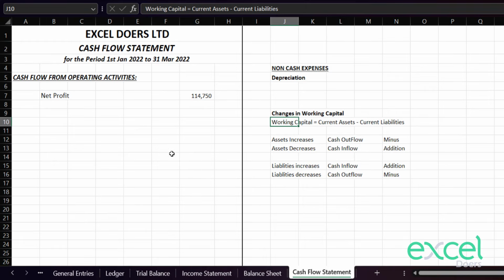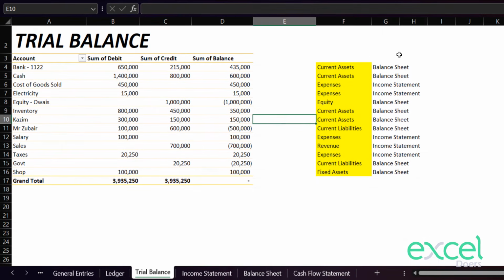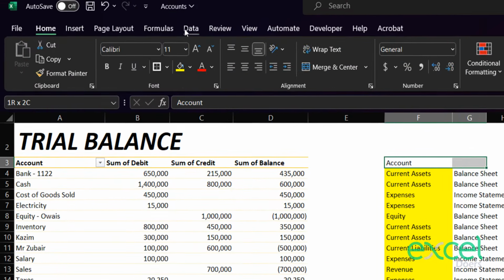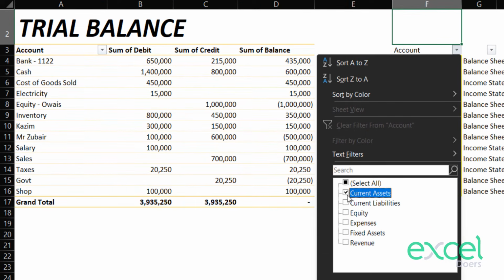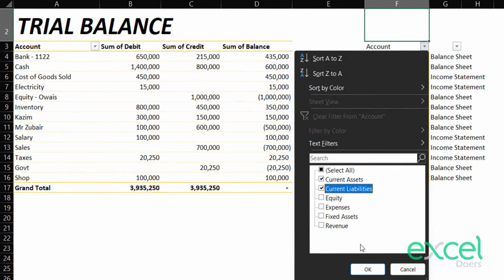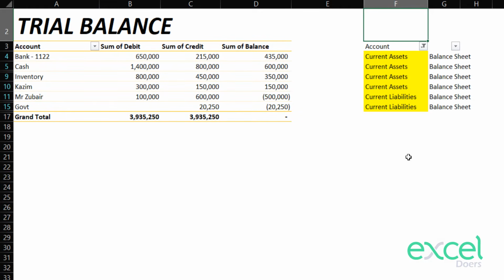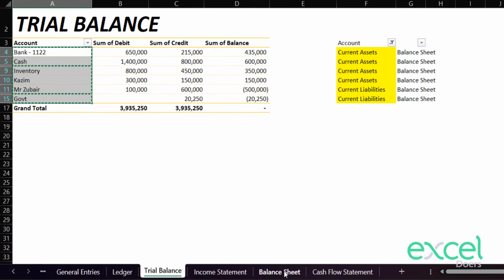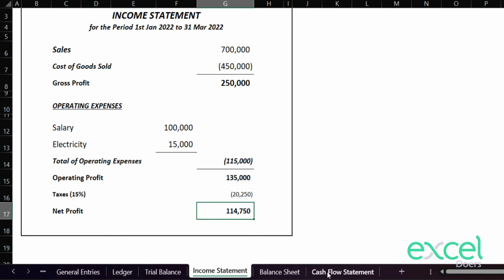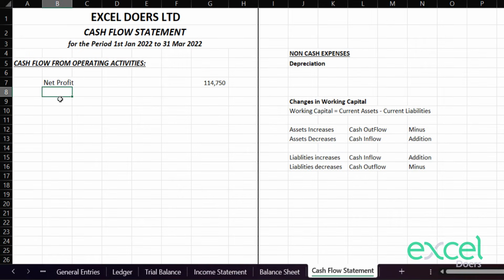So let's say, let me filter out data and filter only the current assets and the current liabilities, right? So this is my current assets and current liabilities, and these are all the accounts that I have to take into account into my changes in working capital, right?